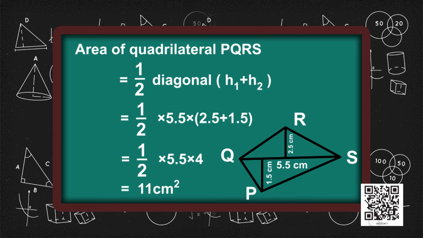Area of quadrilateral PQRS is equal to half into diagonal into (h1 plus h2). This is the formula to find the area of a general quadrilateral, which is equal to half into 5.5 into (2.5 plus 1.5), which is equal to half into 5.5 into 4, which is equal to 11 centimeter square.